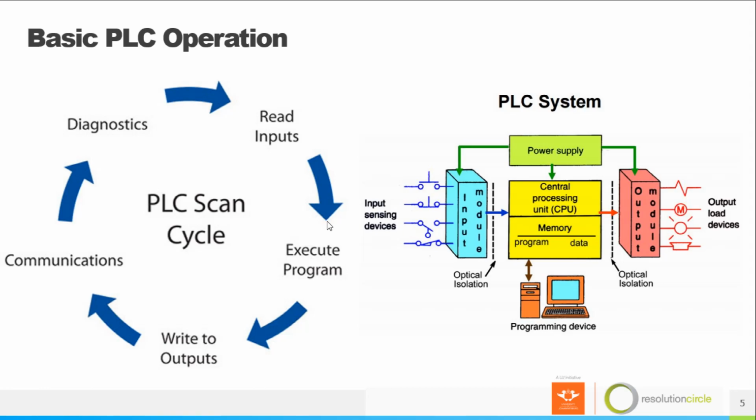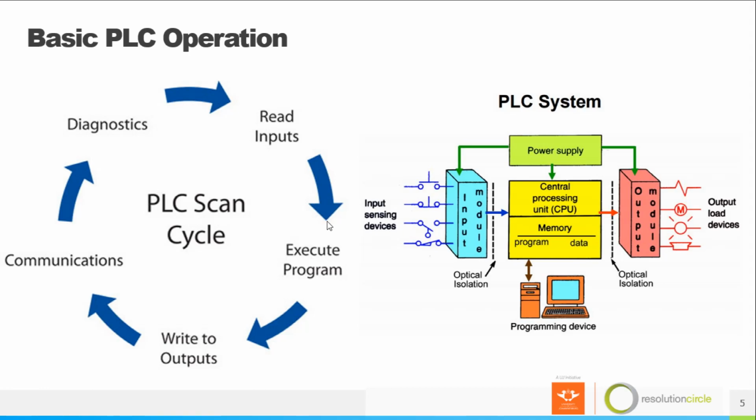The basic components of a PLC include the input signal module, a central processing unit, which is the CPU, output signal module, and programming device. The types of output and input signal modules used by a PLC depend upon the type of input or output device used.